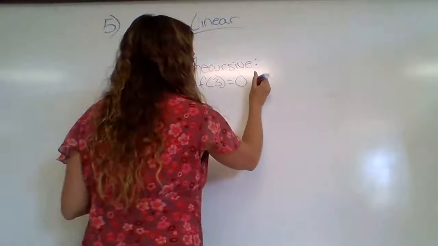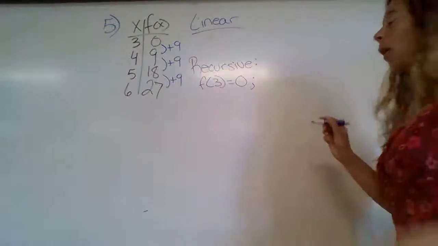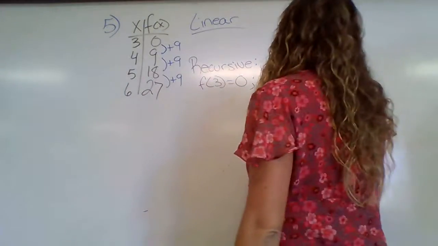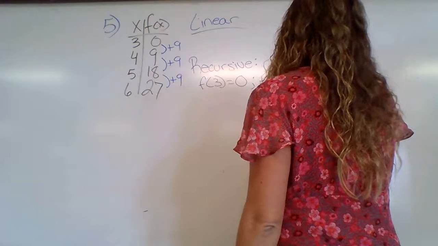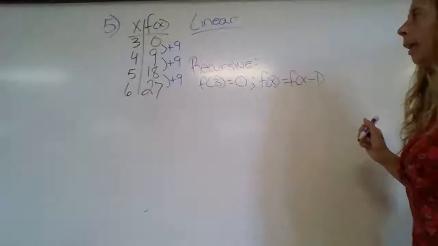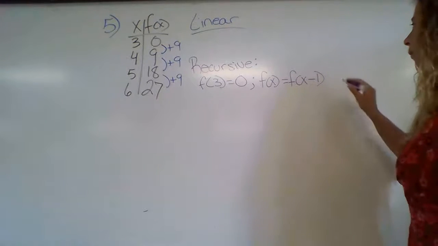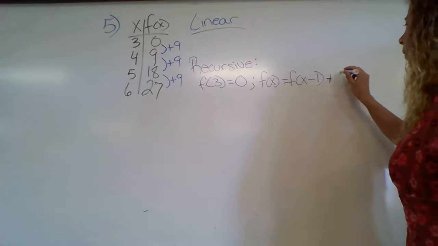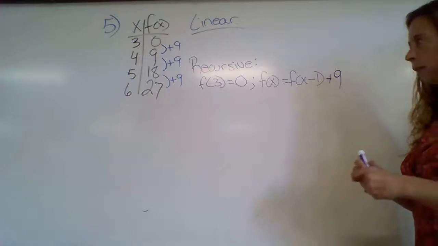And then you do a little semicolon. And then you get to write your actual equation. So f of x equals f of x minus 1. And then what's your pattern? What are you doing each time? What's your common difference? It's 9. Boom. And that's your recursive equation.